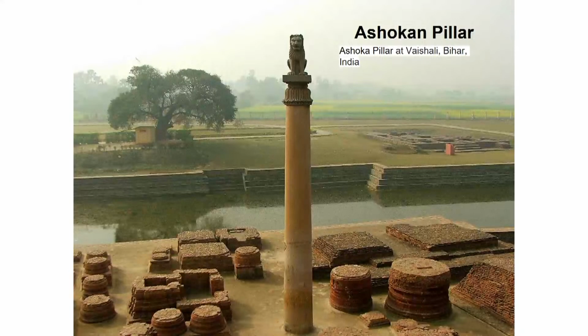The most important and impressive sculptures of this period are the pillars of Ashoka with edicts of the great emperor engraved on them. Here you could see one such pillar from Vaishali.